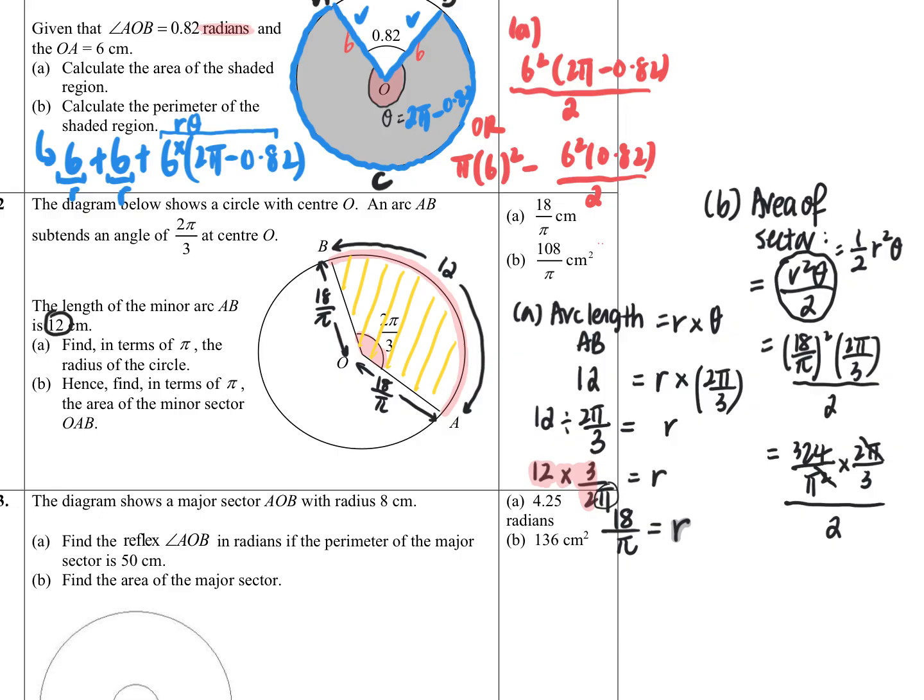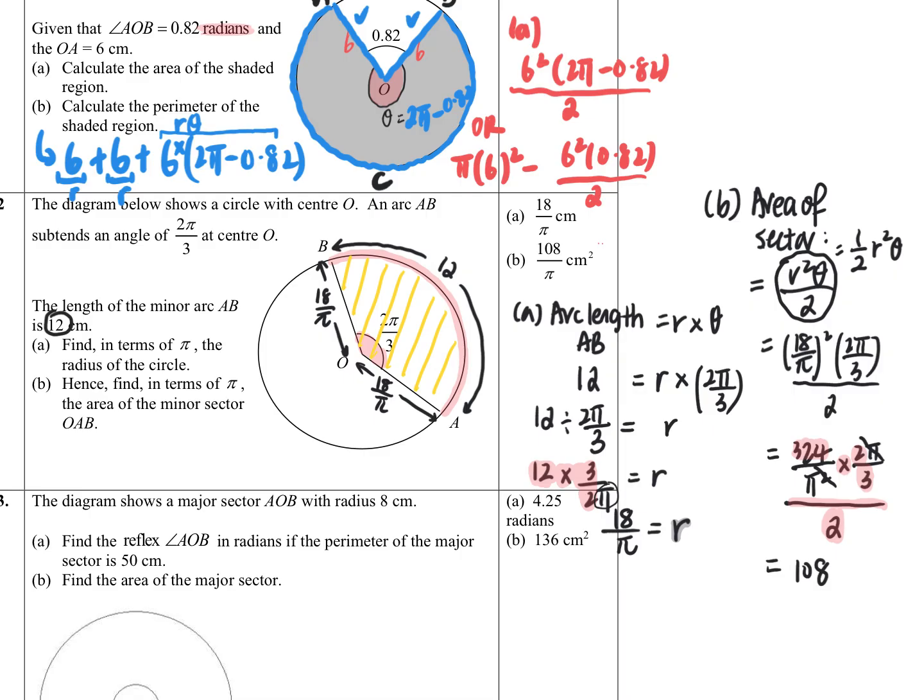On your calculator, you will key in 324 times 2/3 and then the whole thing divided by 2. See what the calculator gives you. Did you press or not? So it gives you 108, right?